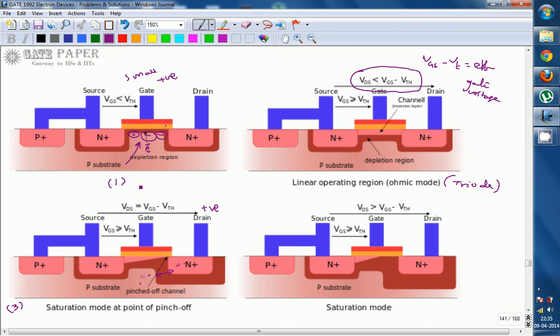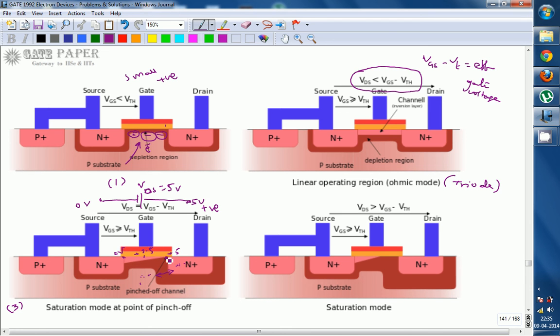For example, if you are applying VDS equal to 5 volts, the meaning is that you are applying plus 5 volts over here and 0 volts over here. So this 5 volts has to drop from drain to source in the channel. Plus 5 volts you get over here, here it is 2.5 volts, and here you get 0 volts.